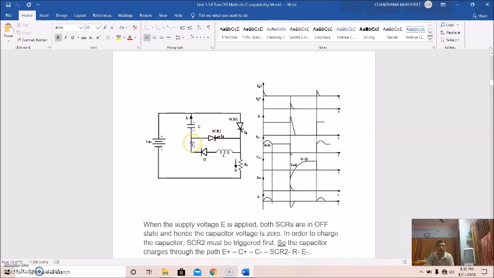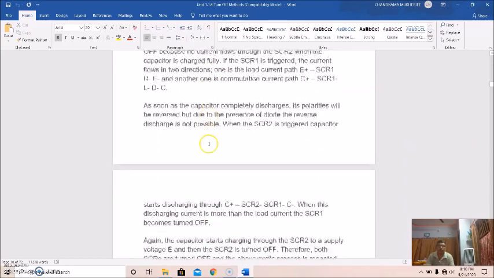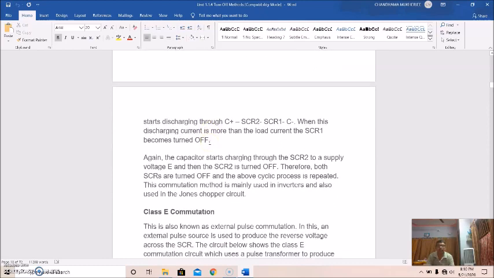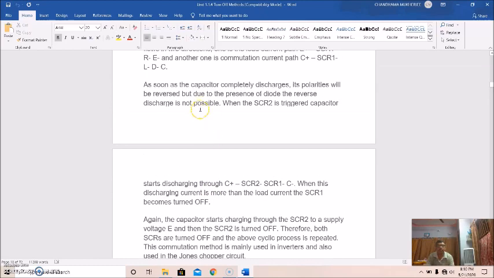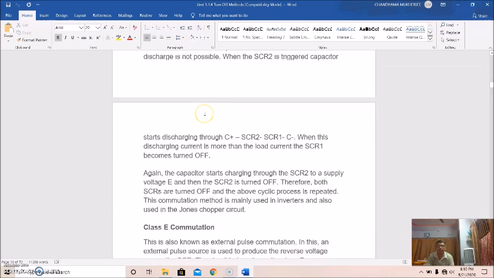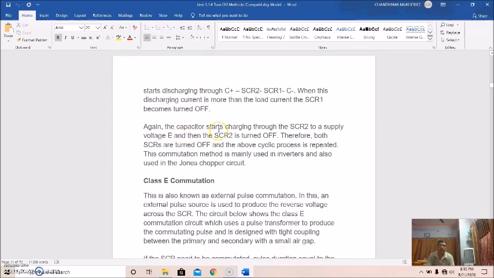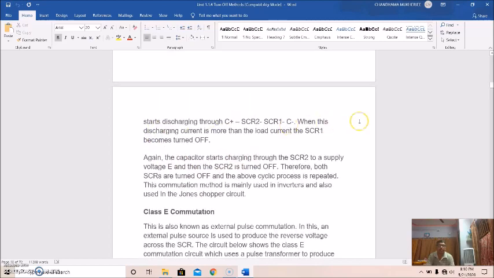But this is not possible: when the capacitor current is more than the thyristor current, the main thyristor will turn off. The capacitor starts charging. When this discharging current is more than the load current, the main thyristor will become off.